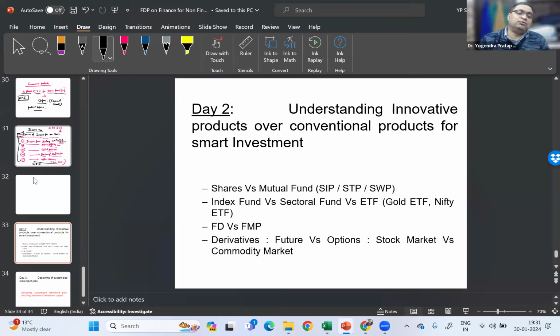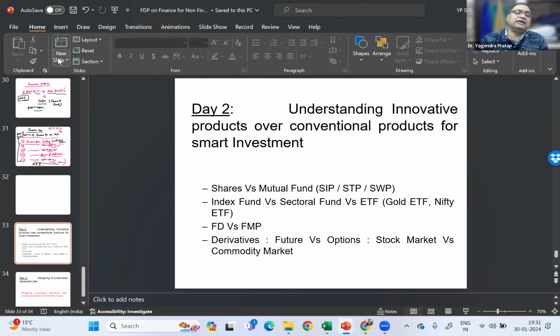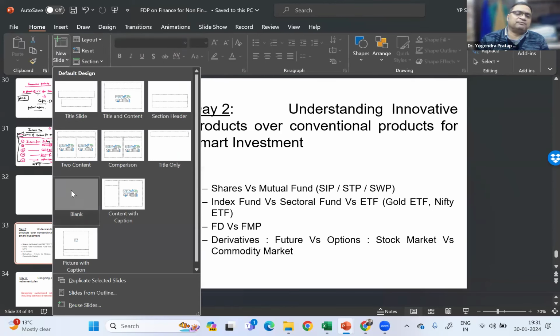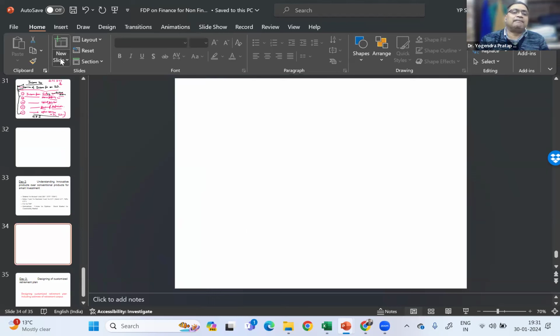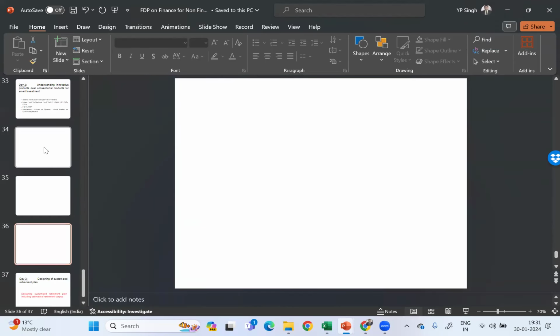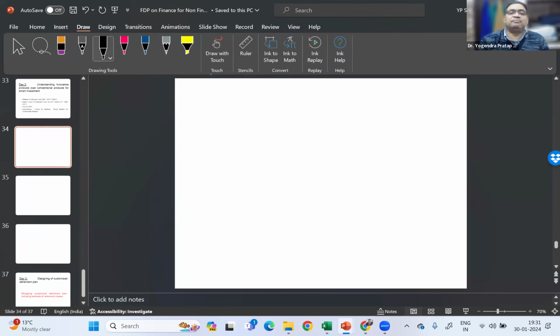Those of you from a finance background know this a little bit, but conceptual clarity is very important, which I am going to explain when it comes to the conventional products.